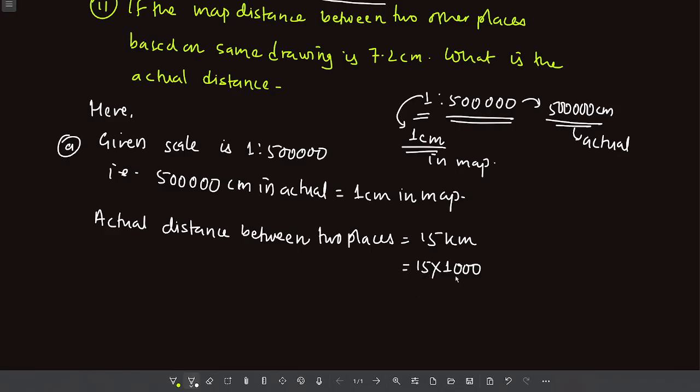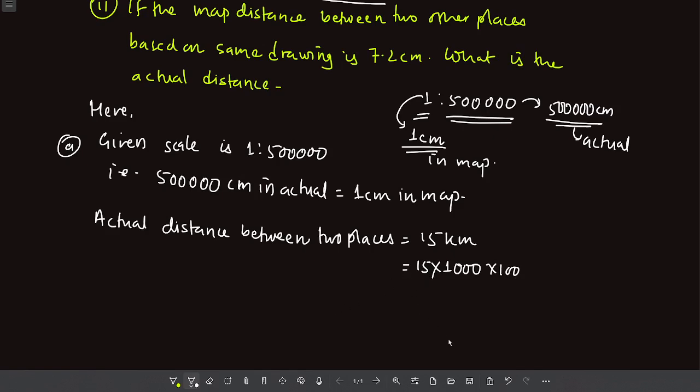If kilometer is multiplied by 1000, it converts into meter. Now it has converted to meter. Now again, if we multiply this by 100, then it will convert into centimeter. So finally we need centimeter, so we multiply 15 by 1000 and again by 100.